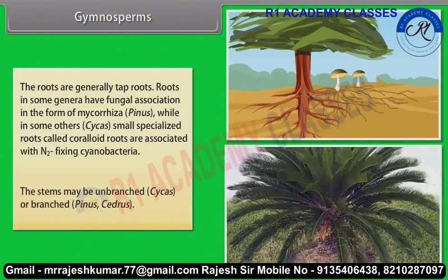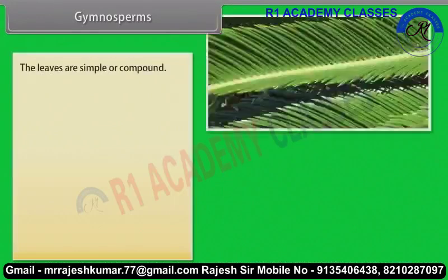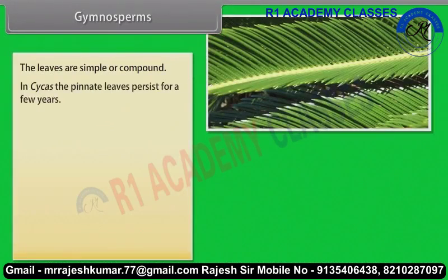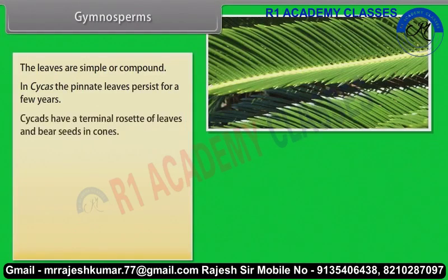The stems may be unbranched, as in Cycas, or branched, as in Pinus and Cedrus. The leaves are simple or compound. In Cycas, the pinnate leaves persist for a few years. Cycads have a terminal rosette of leaves and bear seeds in cones.